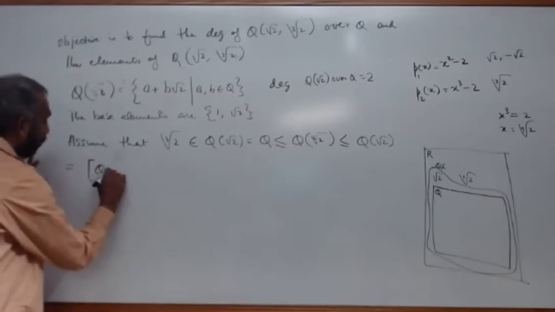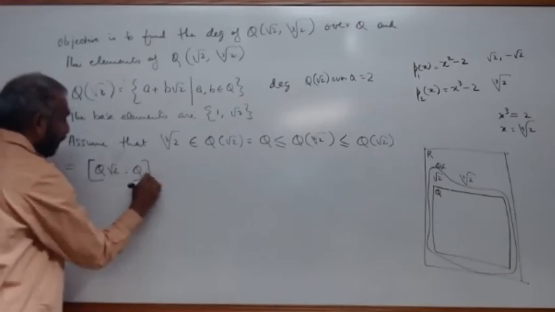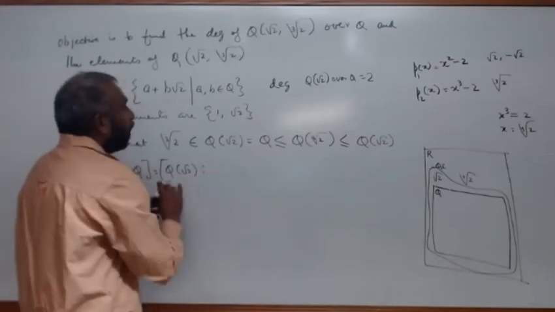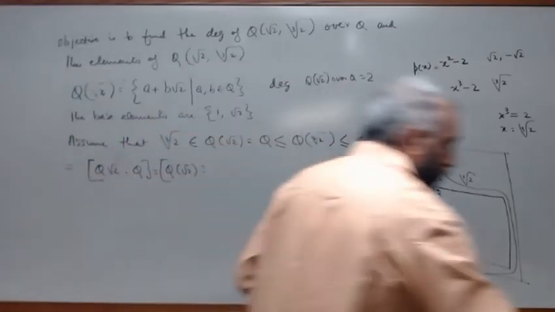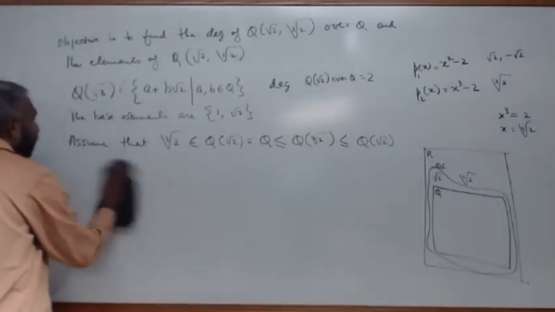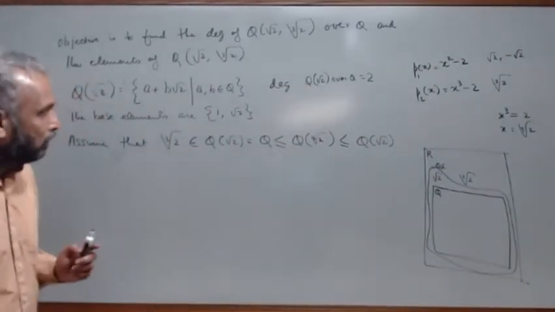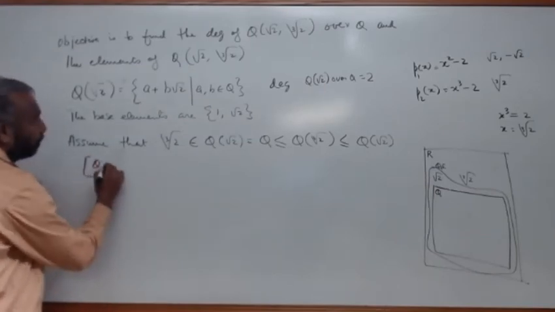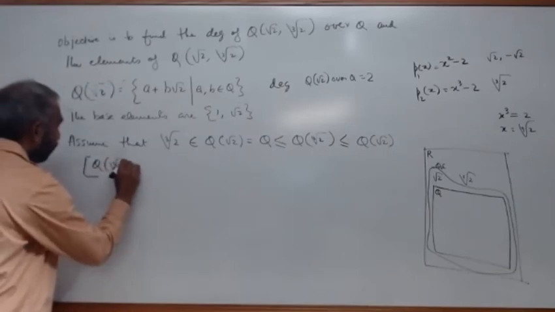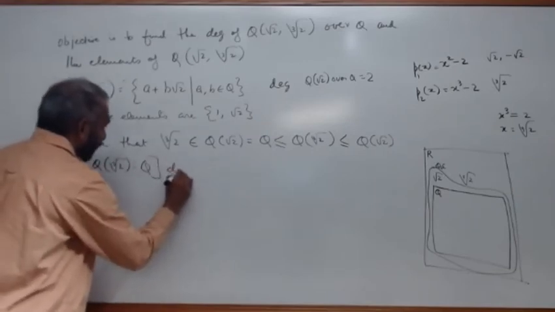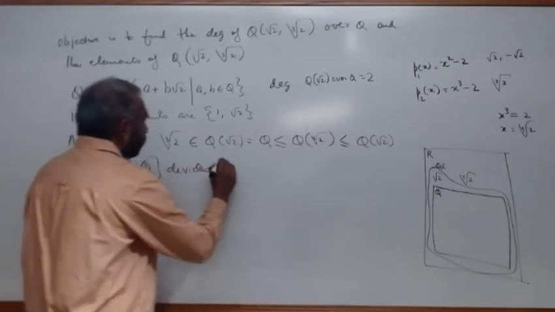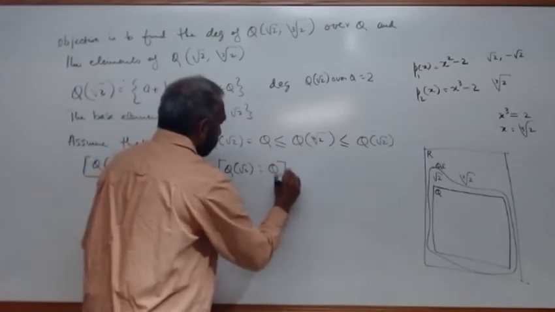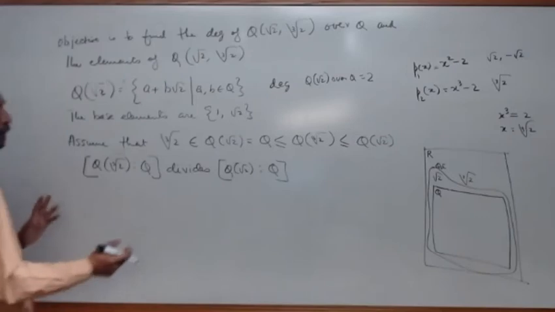Q(√2, ∛2) over Q is equal to Q(√2) over Q, or you can say, instead of writing all this stuff, you can say the degree of cube root of 2 divides the degree of Q(√2) over Q, right?